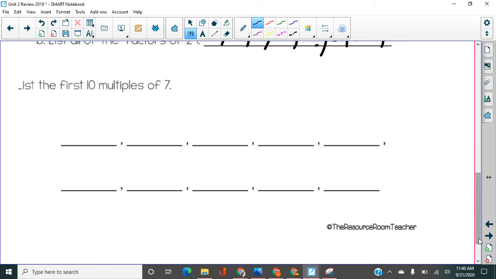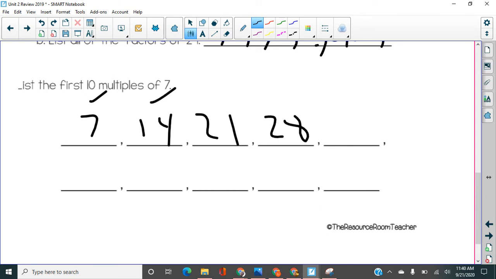So you are going to count the first 10 multiples of 7. So we would start with 7, 14. What would be next? 21, 28, right? This is 7 times 1, 7 times 2, 7 times 3, 7 times 4. And we've got 35 here.